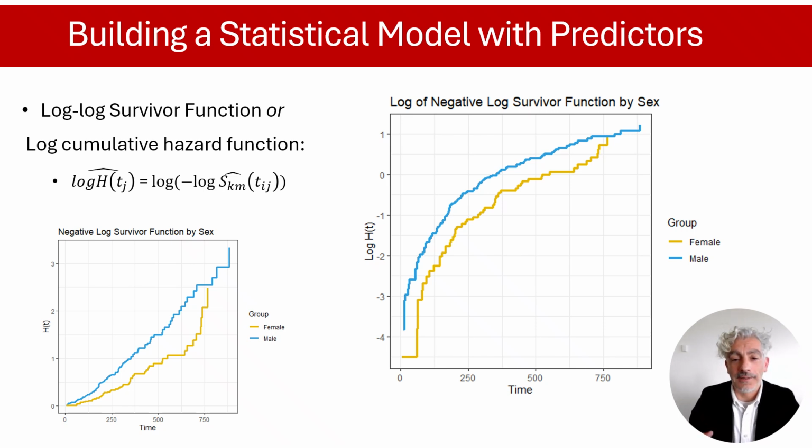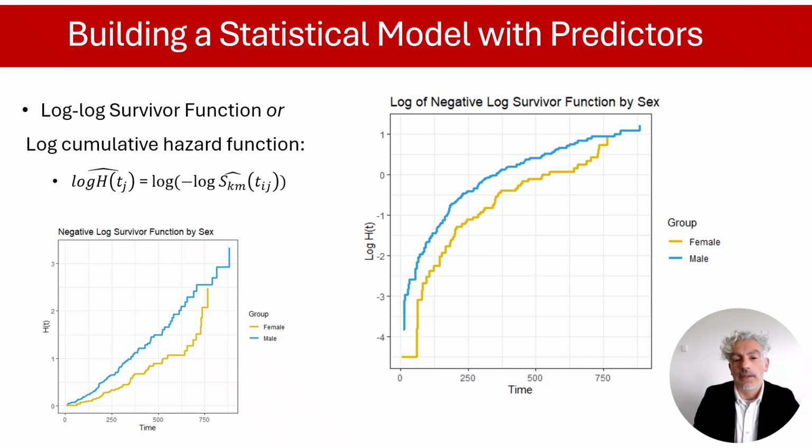On the right side of the slide, you can see the log-log survival function. And you can see that the negative values in the log-log function only indicate cumulative hazard that is less than 1. So cumulative hazard that is less than 1 translates into negative values of the log-log.